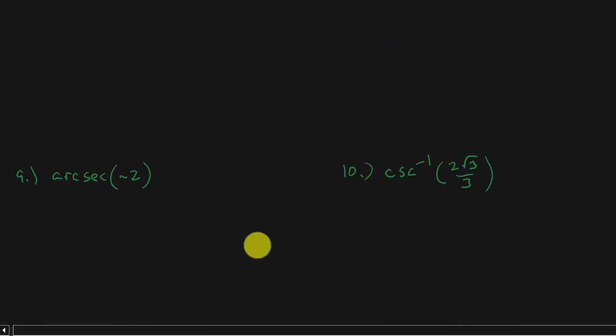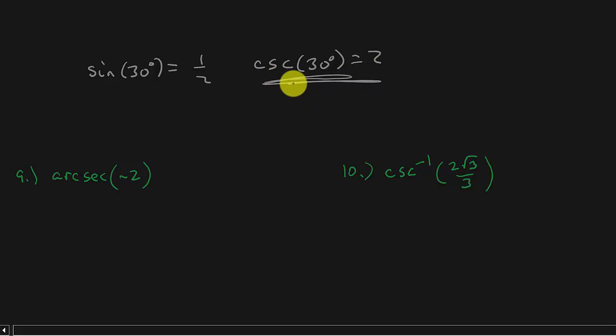We know the sine of 30 degrees is 1/2, so the cosecant of 30 degrees is 2 because cosecant is the reciprocal. So there's really no need to memorize those.